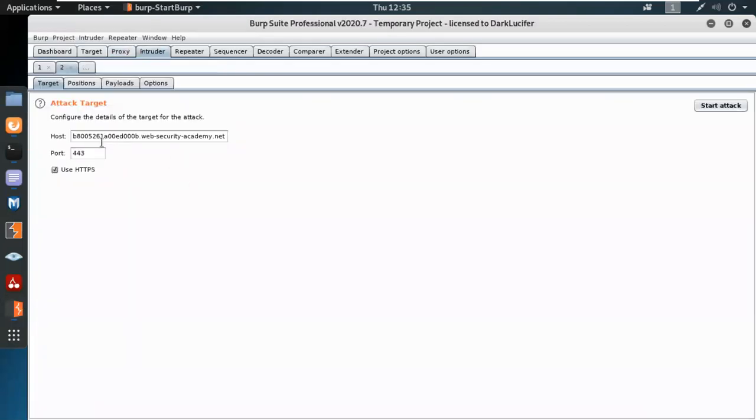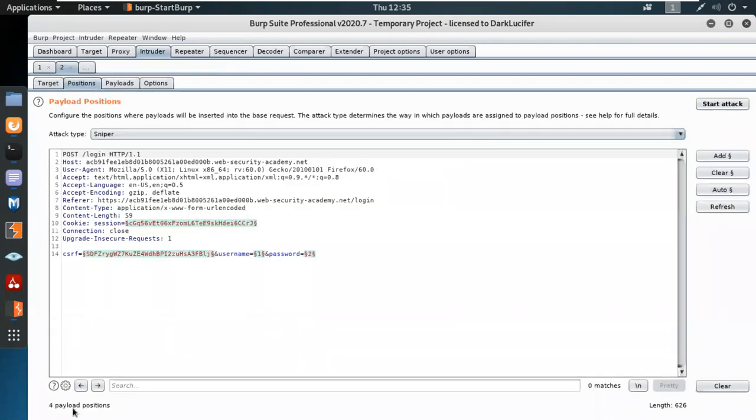In Intruder, we can see the host, which is our target, and the port, 443 is used. Positions is the important part. We have four payload positions over here, and we're going to use a brute force attack. The most common thing we're going to try is to simply change the values. But I have 4 parameters, so let's clear the tags one by one. The first thing first, we try to identify the correct username.